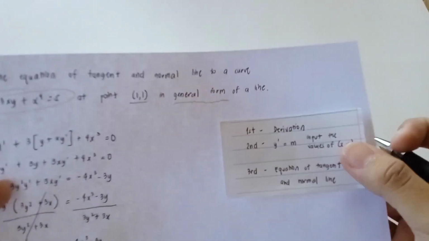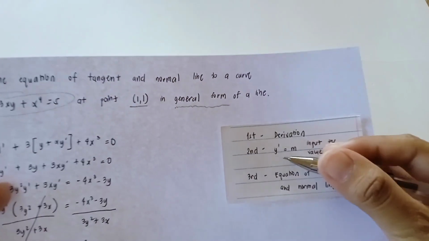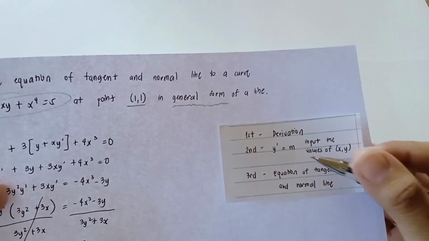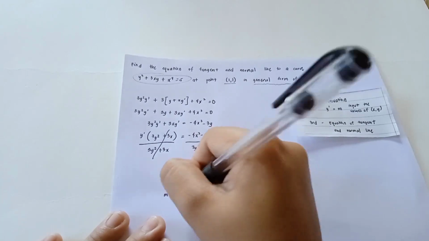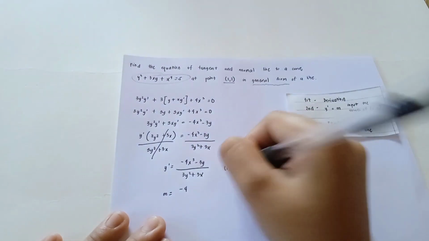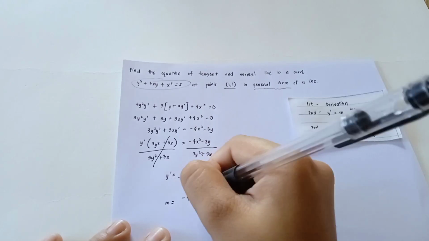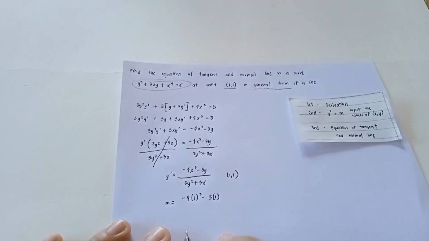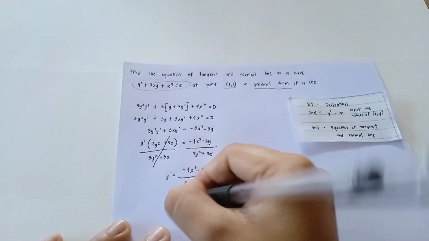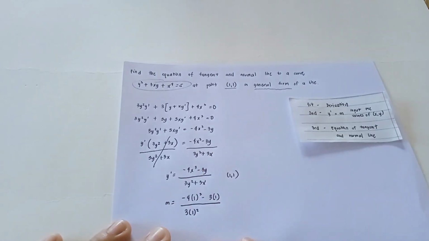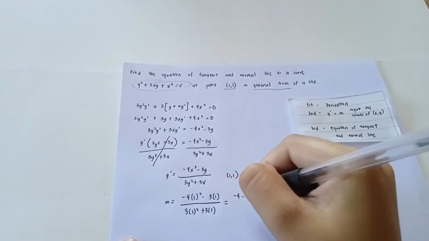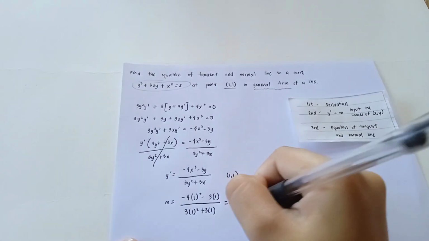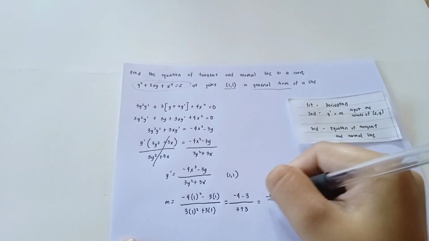For our second step, to get the slope, we have to input the values of x and y. Let's do this. Copy, then substitute the x and y values. It is equal to negative 4 minus 3 all over 3 plus 3, so it's negative 7 over 6.